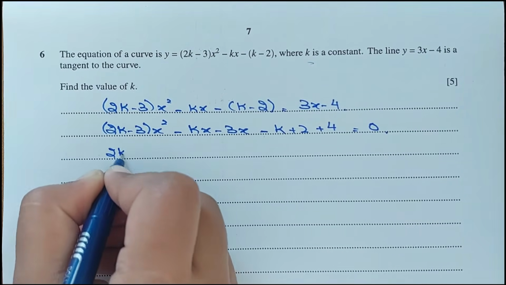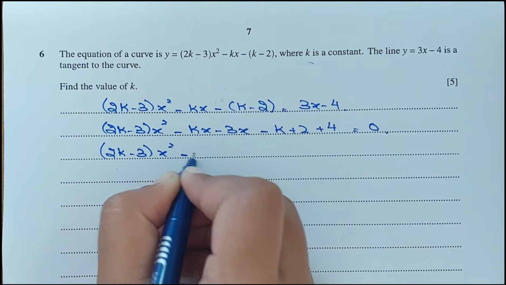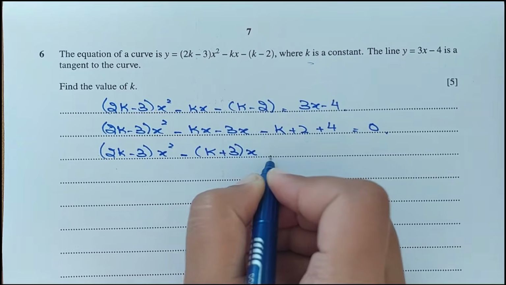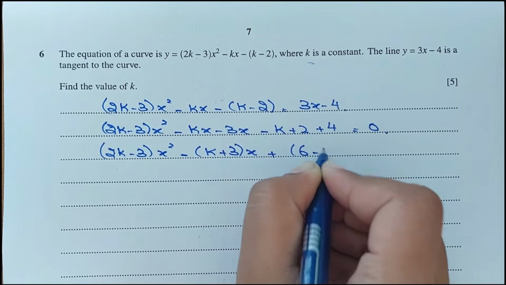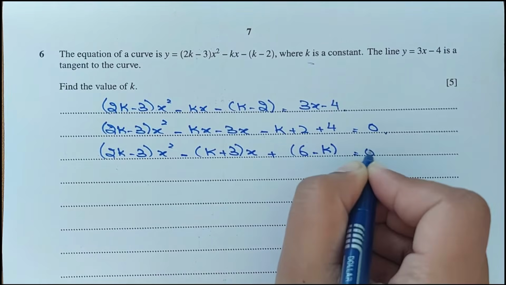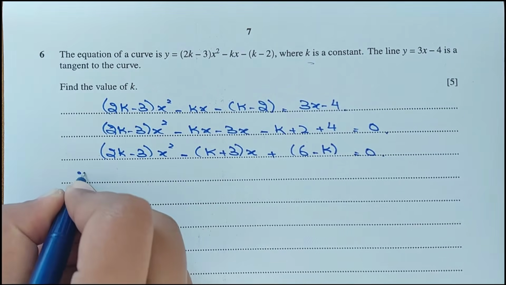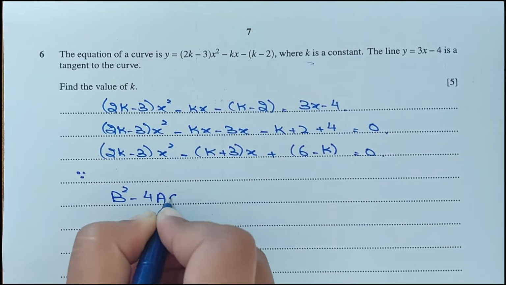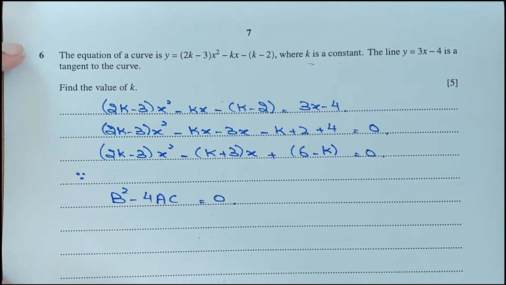So 2k minus 3 is the coefficient of x square, minus k plus 3 is the coefficient of x, and we have 6 minus k as the constant term, right? So if it is tangent, the discriminant b square minus 4ac should be equal to 0. It touches the curve at exactly one point, right?